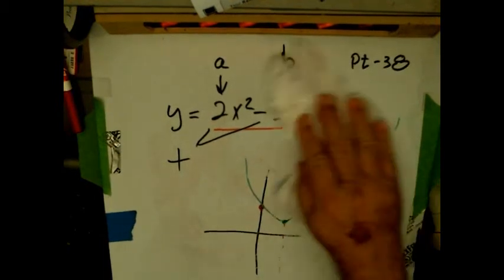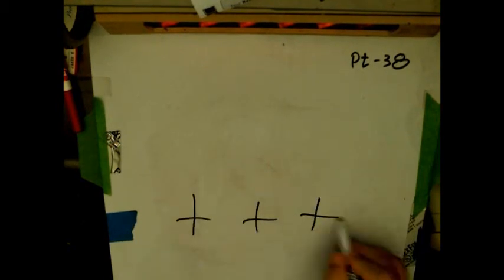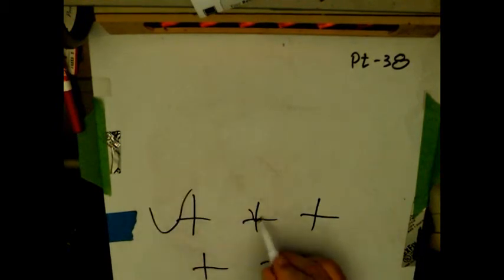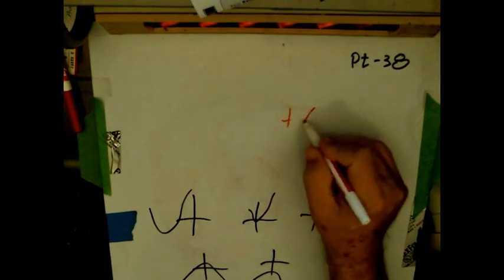Okay, so let's try another one and see what happens with that. Now typically they'll give you 5 graphs. Graph A, graph B, graph C. And one might be something like this, and one might be something like that, and I might even have some that are negatives. Well, since it was a positive graph, it was a plus x squared.